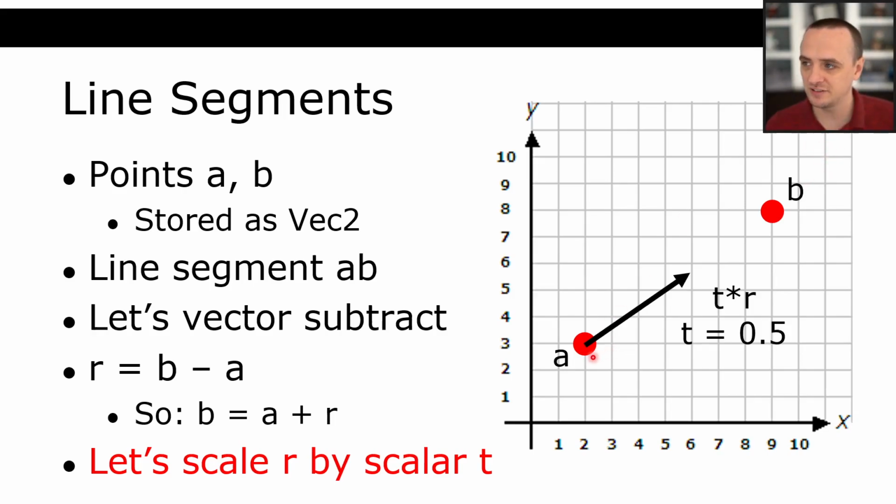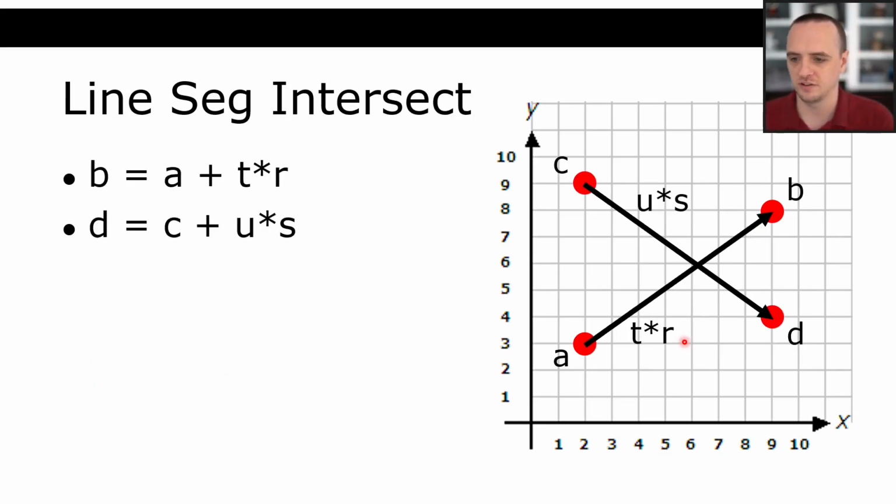And if it's less than 0, then we actually have a vector pointing in the opposite direction, which is outside of A. So in order for there to be a line segment intersection, it has to be between this A and B, meaning that T and U both have to be between 0 and 1. Otherwise, the intersection would occur outside of the line segment, which makes absolutely no sense. Okay? So that's what that says.